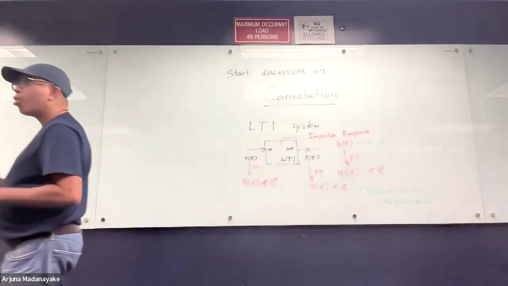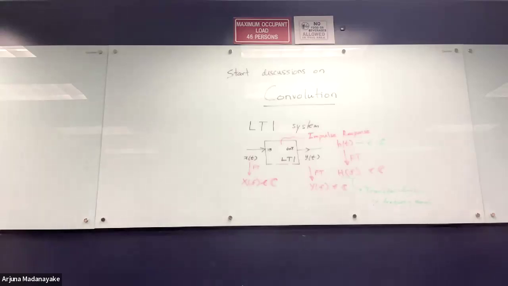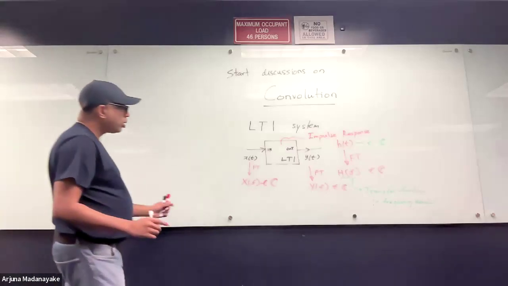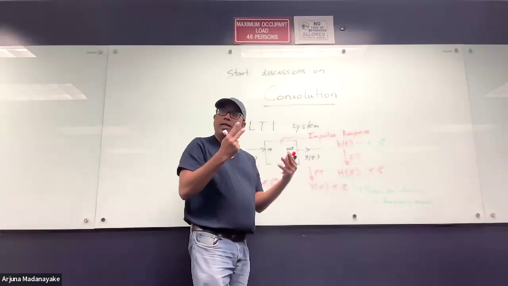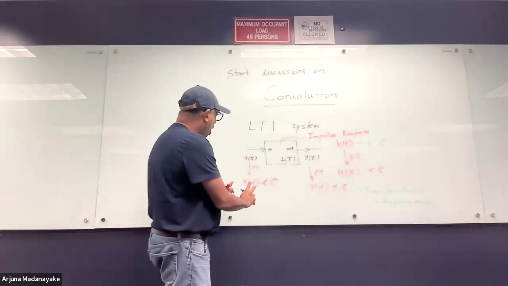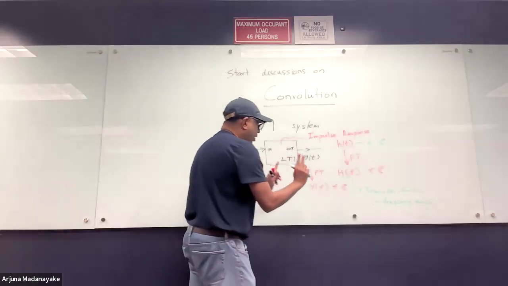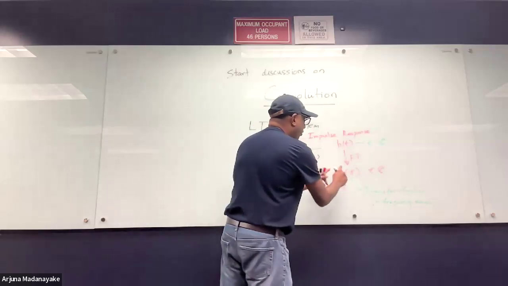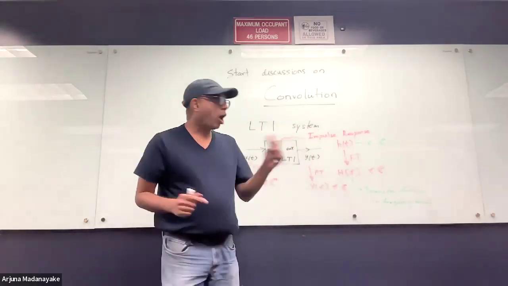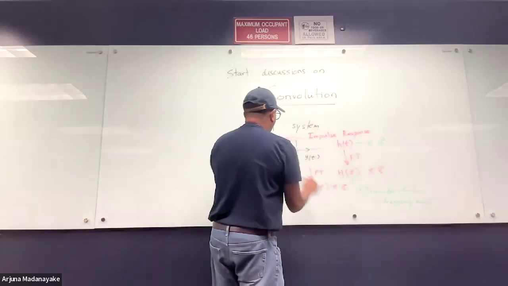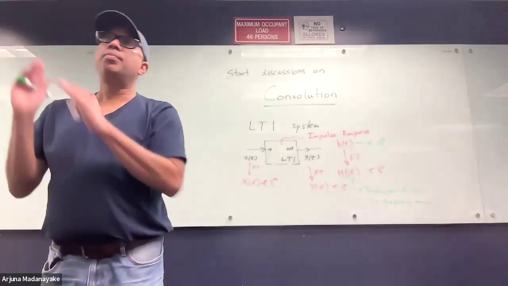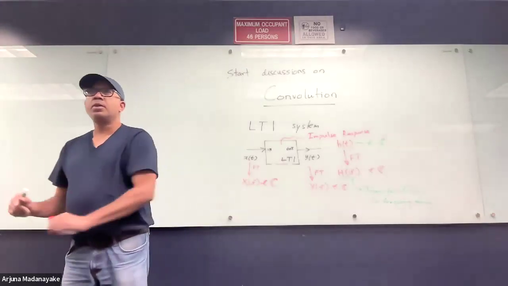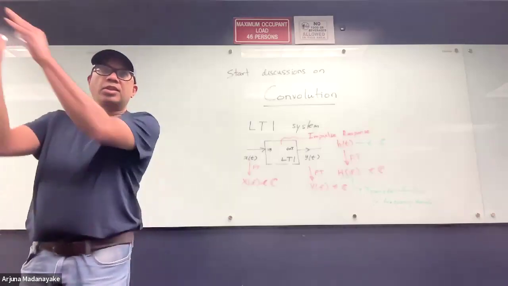We will learn how to relate the transfer function in the frequency domain with the impulse response, and how x of t, h of t, and y of t are interrelated. We will also learn how capital X of f, capital Y of f, and capital H of f are interrelated, and how every single thing is interrelated to each other: time to time relationship, frequency to frequency relationship, time to frequency, frequency to time.